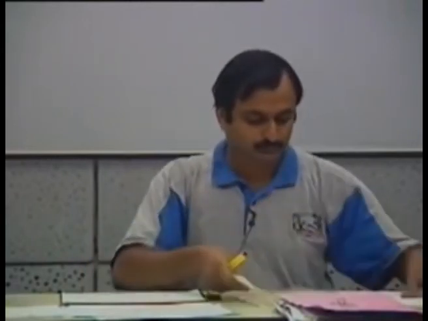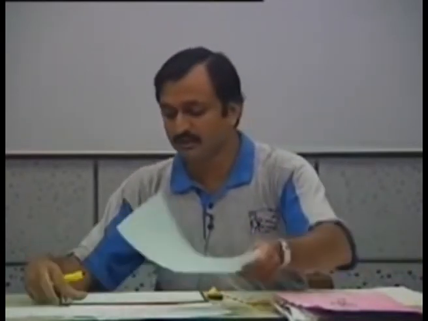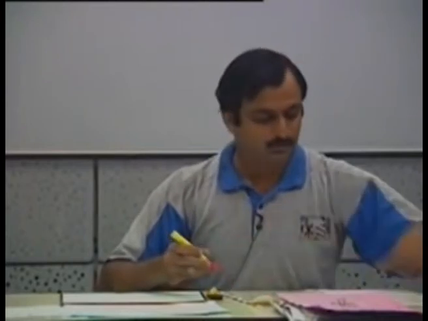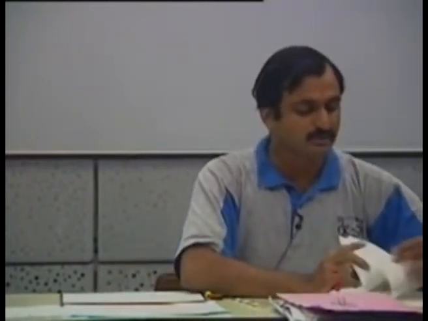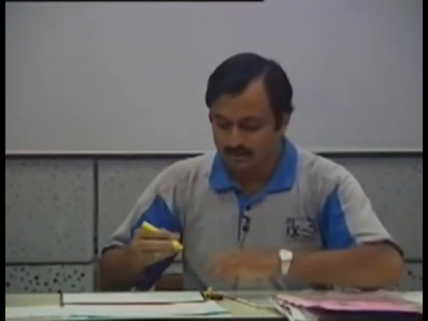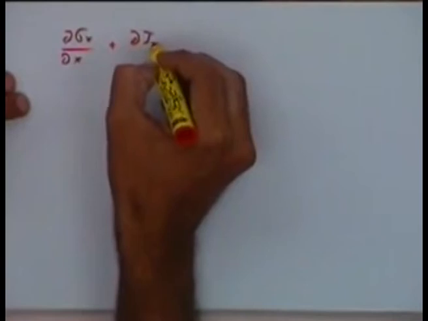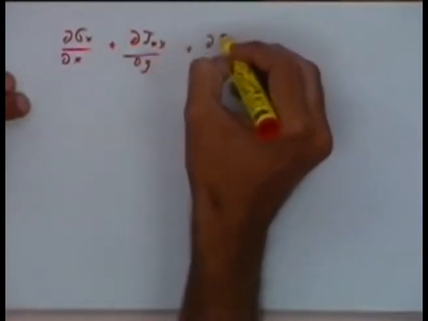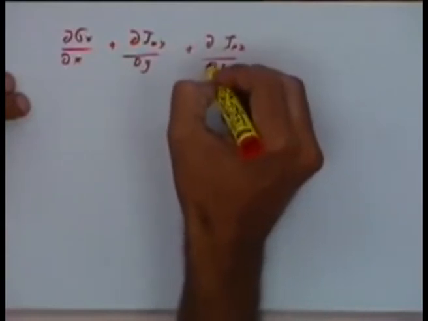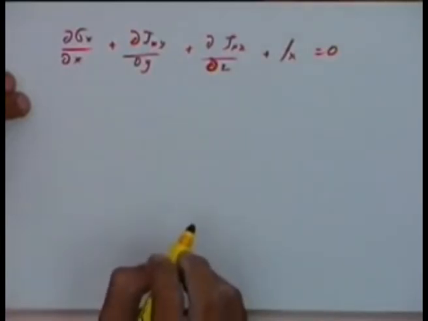What I will do now: if you take a general 3-dimensional elastic material, we said that for the elastic material, if you remember the equilibrium equation that I mentioned last time, those equations are of the form del sigma x by del x plus del tau xy by del y plus del tau xz by del z plus fx equal to 0, and so on.